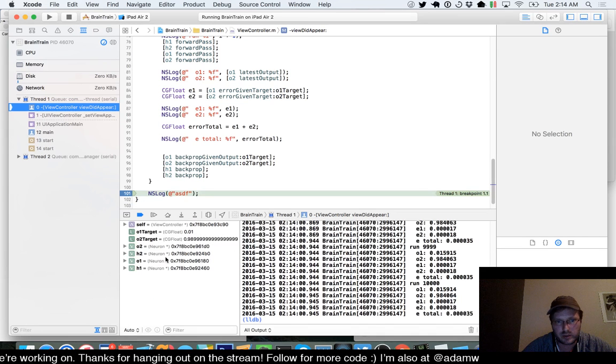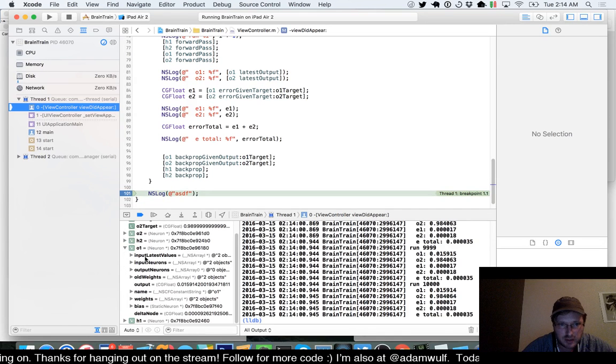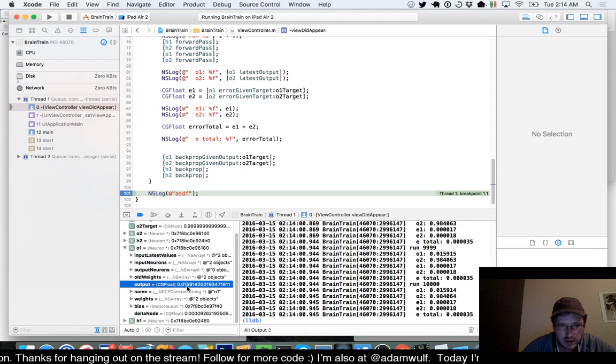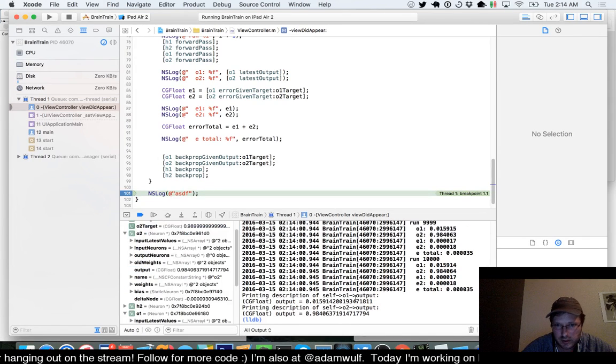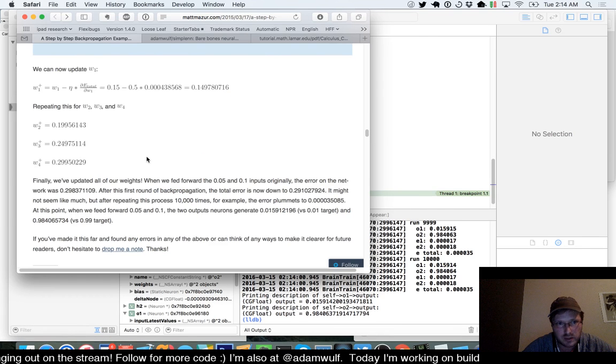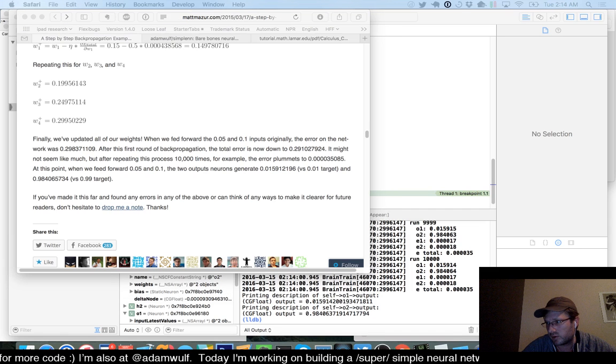Now we're at the breakpoint. So now we can look at our output, this guy, and output 2. Now they're printed with a bit more accuracy, right? So 159, yeah. So it is a little off from his. I'm curious if we used double precision instead of floating point, if that would make a difference.